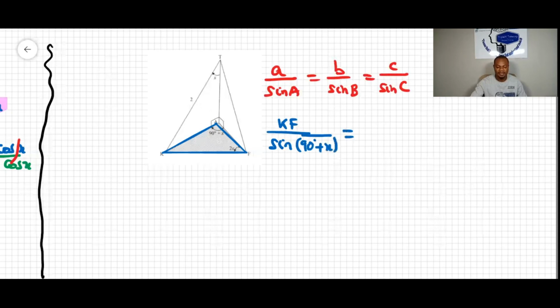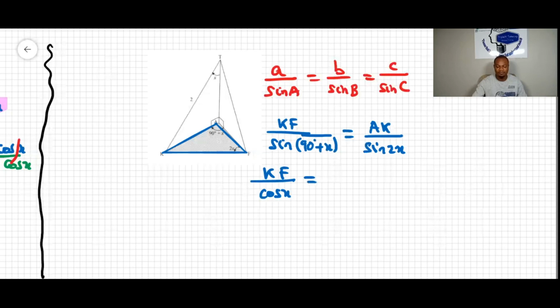And then if my angle B is 2x, then the opposite side will be AK over sine of 2x. Now that makes KF over cos of x, because we can change sine of 90 degrees plus x into cos x.